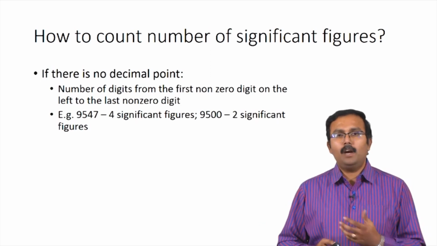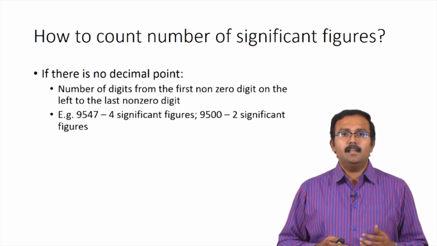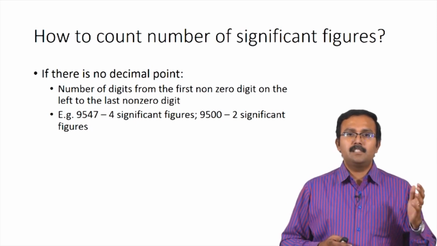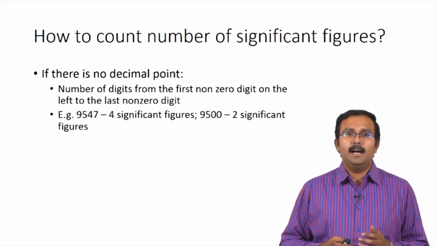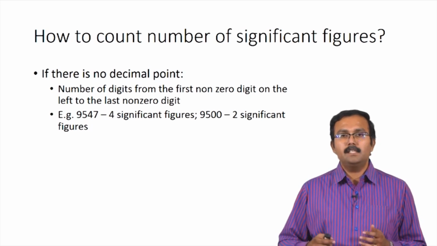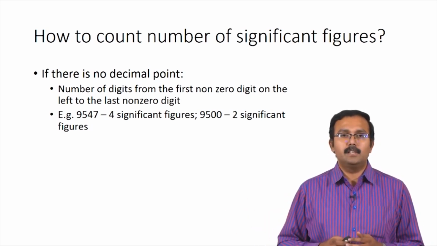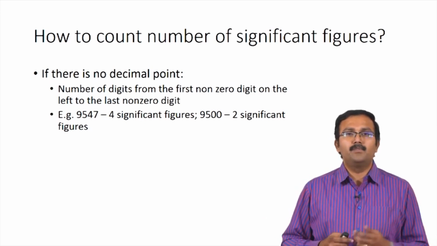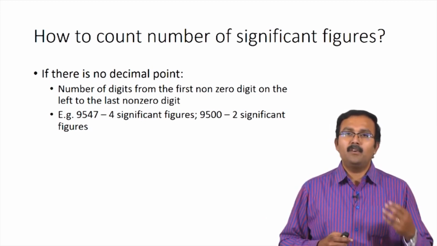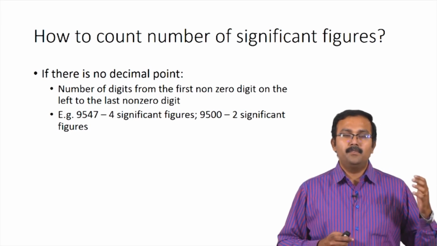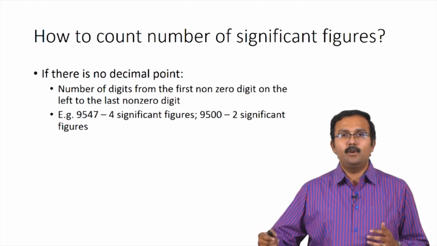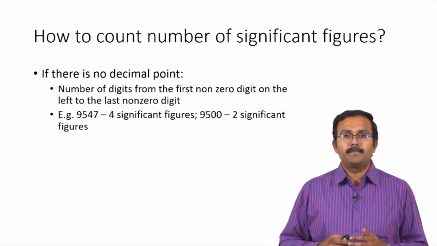If the number does not have any decimal points, then what you do is you start with the first non-zero digit on the left and start counting the number of digits till the last non-zero digit. So, if I were to have the example of 9547, this number would have 4 significant figures, where the first non-zero digit on the left is 9 and the last non-zero digit is 7.